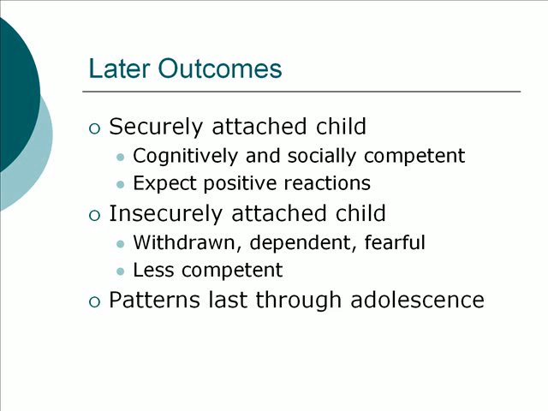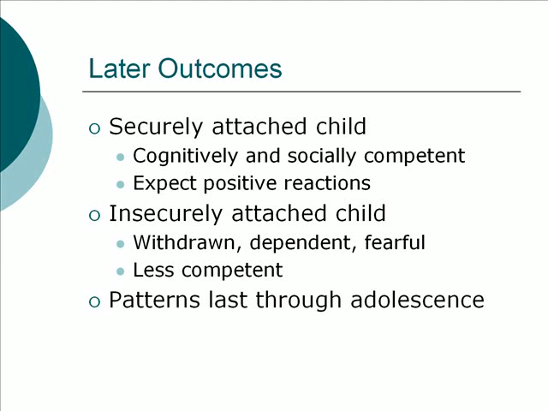Insecurely attached children, children who do not see these sort of good interactions, are likely to experience poor peer relations and fewer close friendships. They're likely to display more deviant behaviors and other psychopathological symptoms throughout childhood and adolescence. You can also see them be more withdrawn and dependent and fearful, and even less competent.